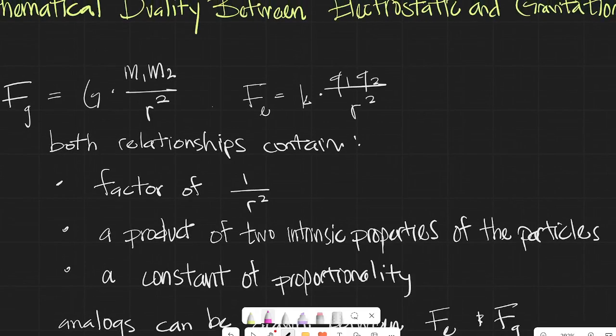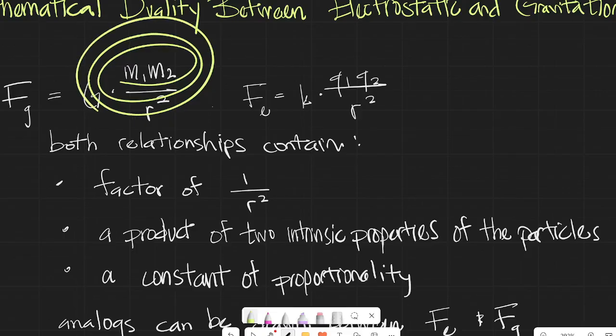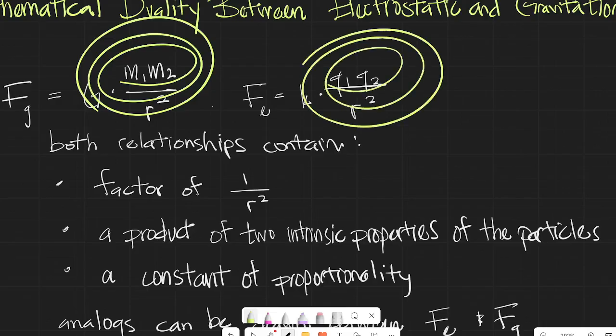So we also notice there's a product of the two intrinsic properties of each of the particles involved in this interaction. In the gravitational force, it's going to be mass, and in the electric force, it's going to be charge.